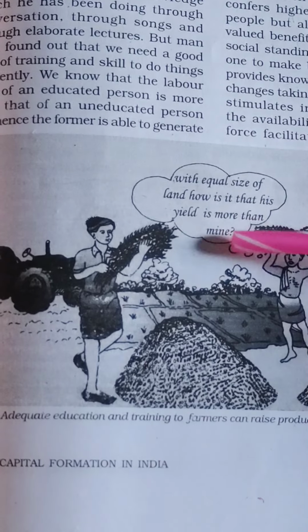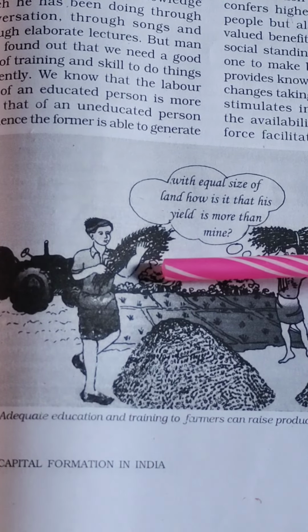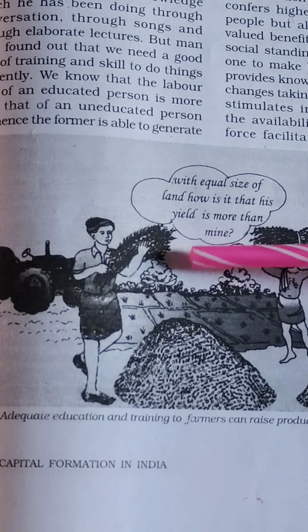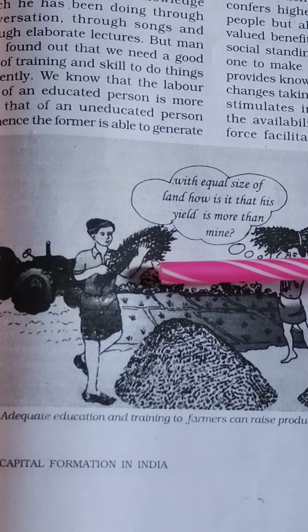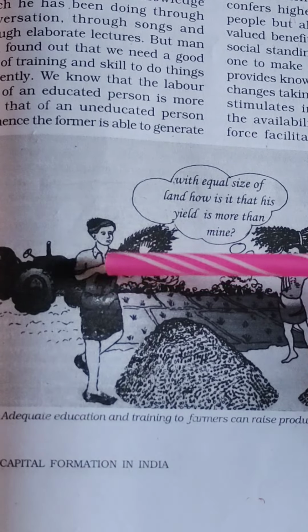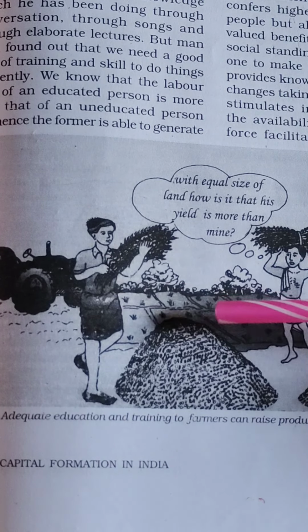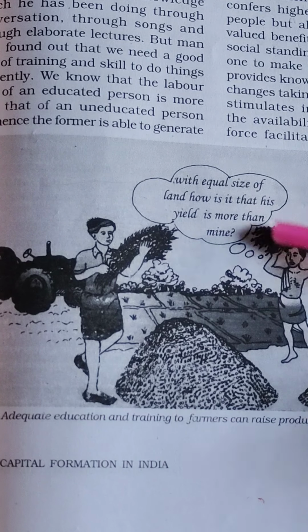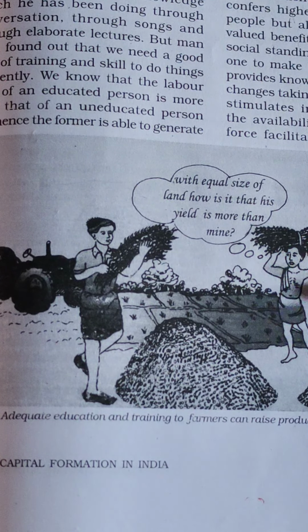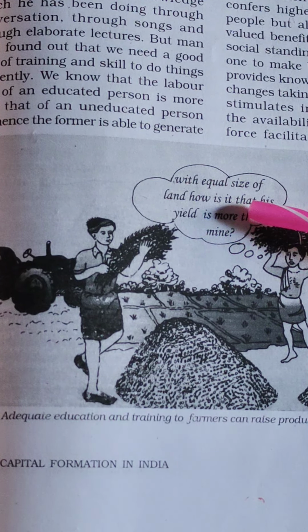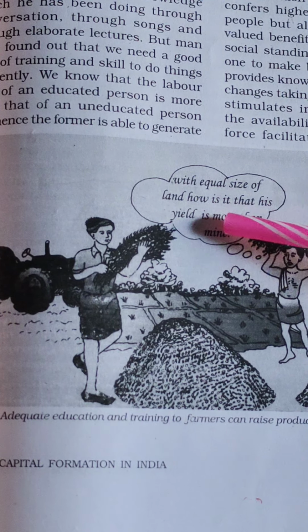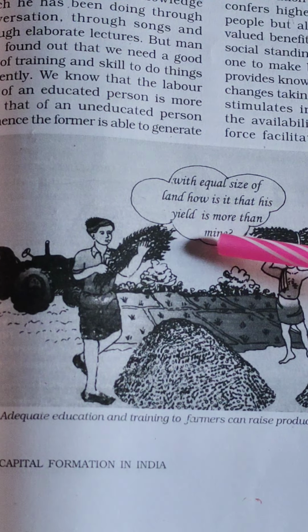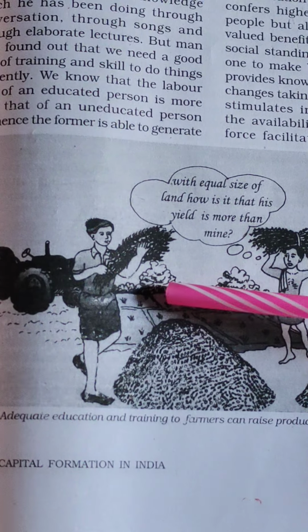Look at the picture, and in this we can see how a skilled person and modernization can bring about higher returns. You can see this person here says, with equal size of land, how is it that his yield is more than mine?